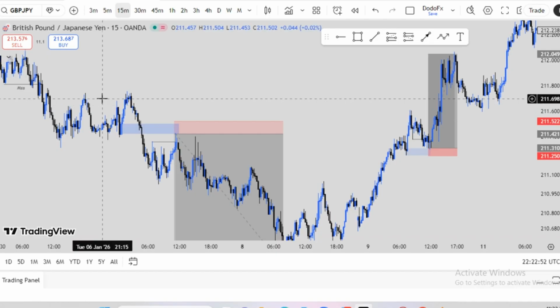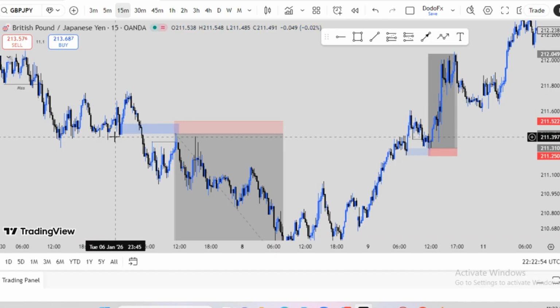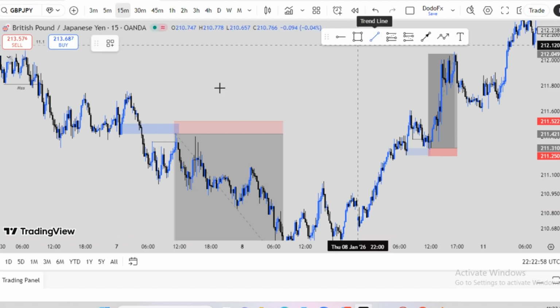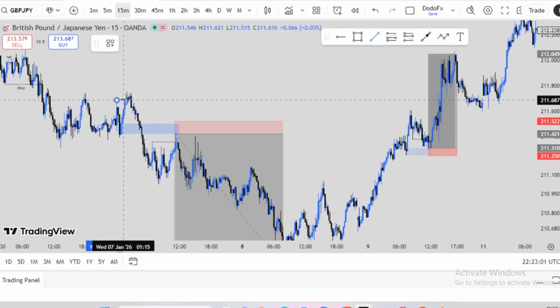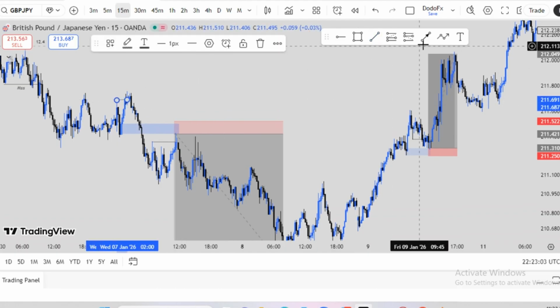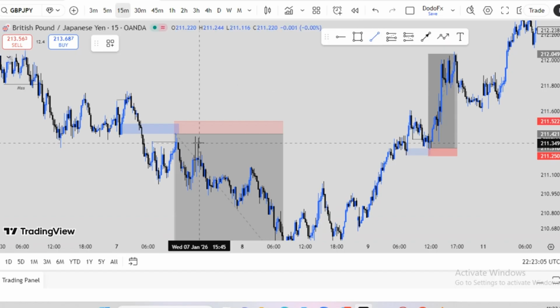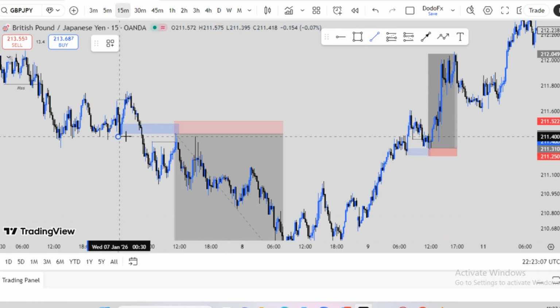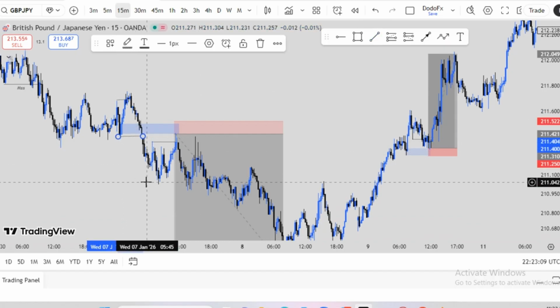We're having a break of structure here, and the trade now changes direction here, which we're having the MSS here. BOS here, break of structure here, and the trade now changes direction, right, giving us MSS, right?